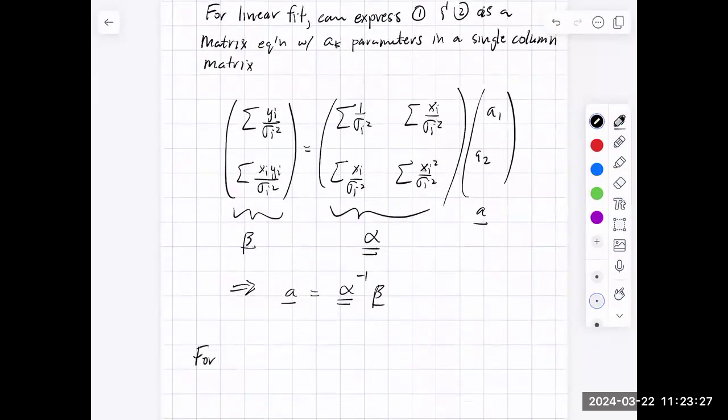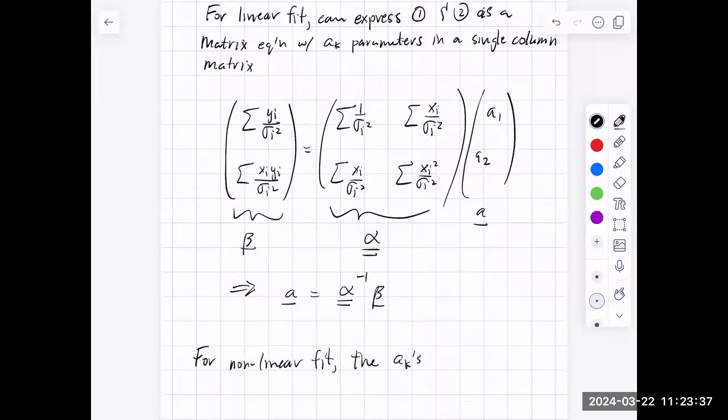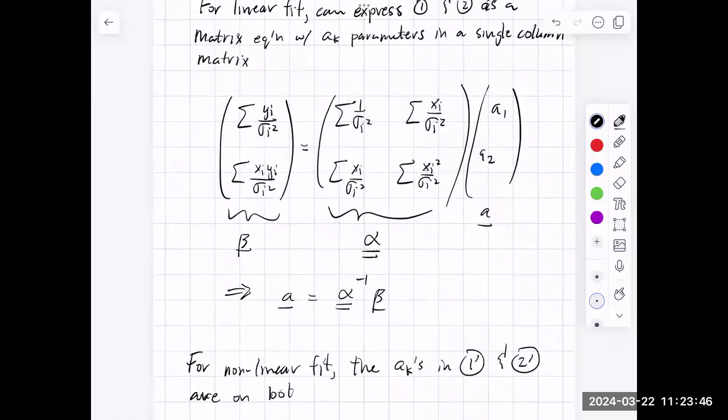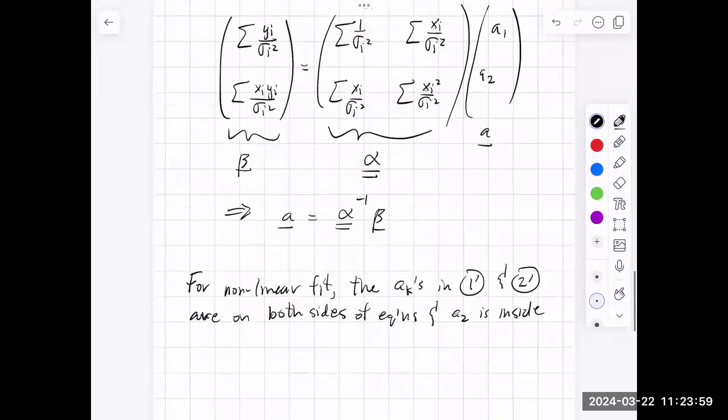So for our nonlinear fit, the a_k's in 1 prime and 2 prime are on both sides of the equations, and a2 is also inside trig functions.